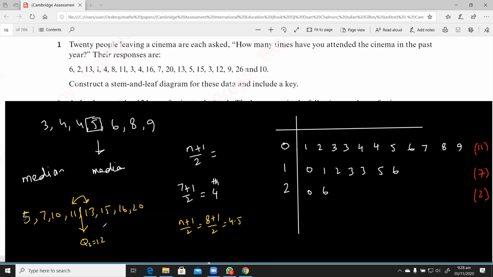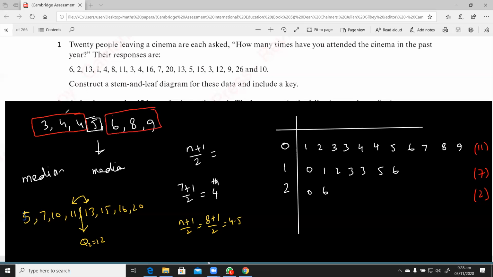Okay, now listen. You were very close. Look at this. We are going to divide the data into two halves in both these cases. Before this median, you have this half on the left and this half on the right.